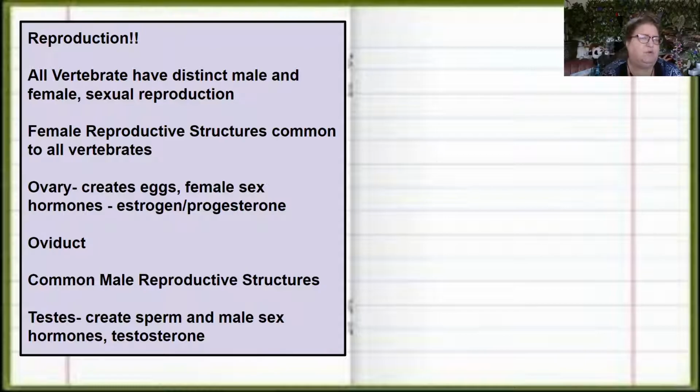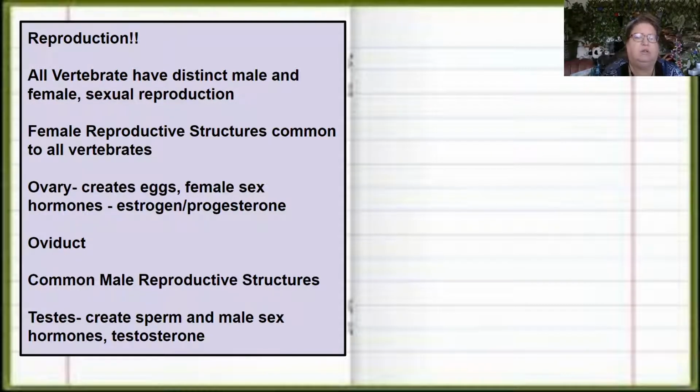There are a few weird examples where, in very extreme circumstances, you can have hormonal changes affect the sex of a fish or a reptile, but those are very, very few exceptions.